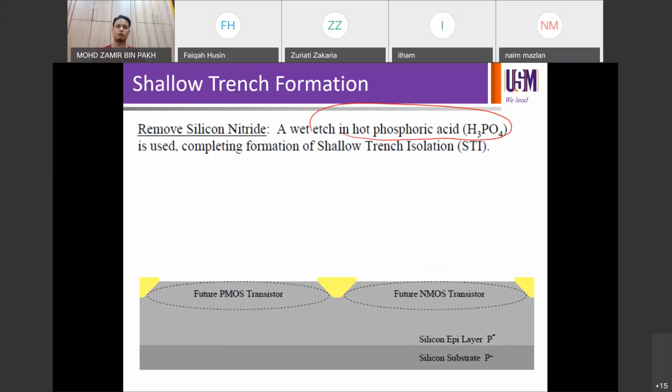Kita buat RIE, then we did etching as well to remove the resist. Now we do wet etching. So it can either be dry or wet etch. In this particular case, wet etch with hot phosphoric acid is used, completing formation of STI. So that's why I talk about STI. This is considered STI. Done. Complete STI: shallow trench isolation, filled with oxide, isolating two different devices, left and right.